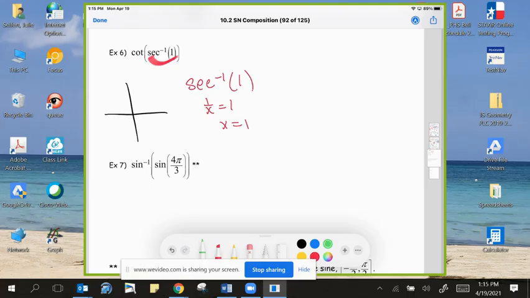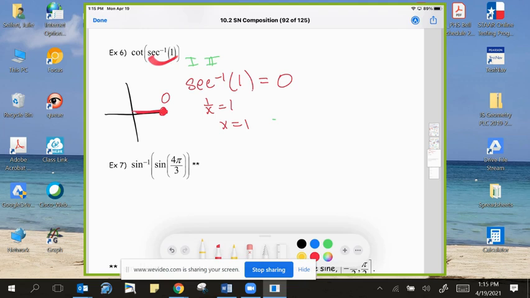Secant inverse can be in quadrants 1 or 2. So where the x value is 1 in those quadrants, it's right here at 0. Where the x value is 1 on the x-axis, that is at 0. So secant inverse of 1 is 0.